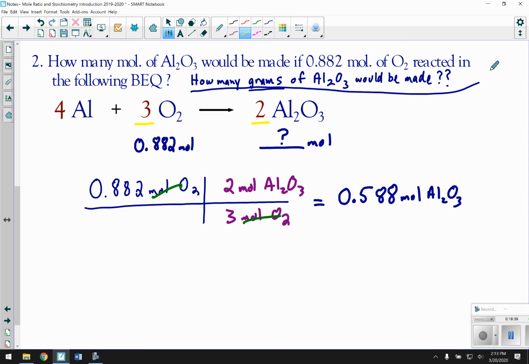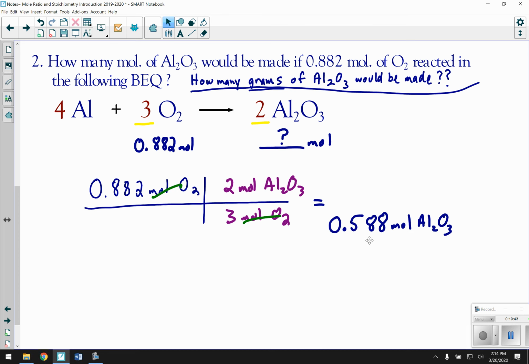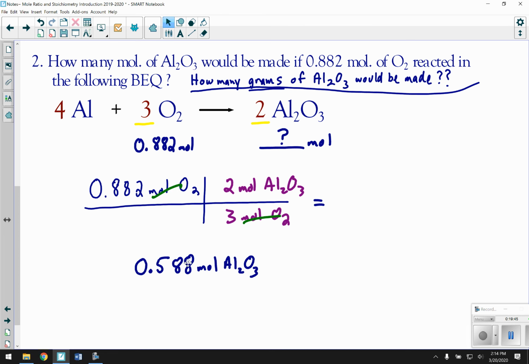Well, we all know from last chapter that we can take this mole amount right here that we got from the first part of this stoich problem, and multiply it by the molar mass of Al2O3, and we'd be able to get grams.